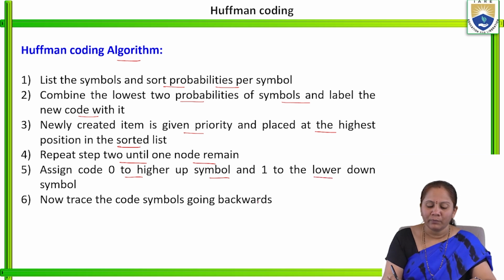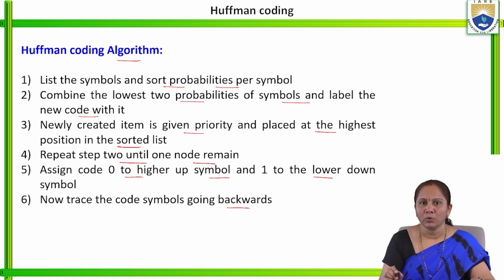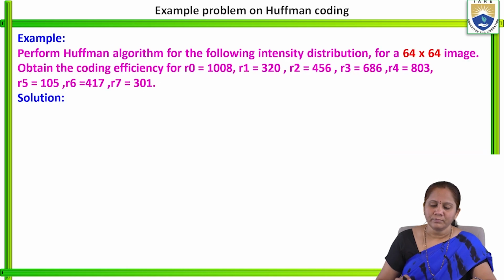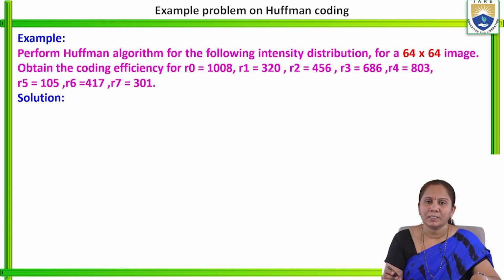After that, we trace the code symbols from backwards. So we have to follow this algorithm to perform Huffman coding. In order to clearly understand this algorithm, let us solve one problem by applying these steps. Here one simple example is given.